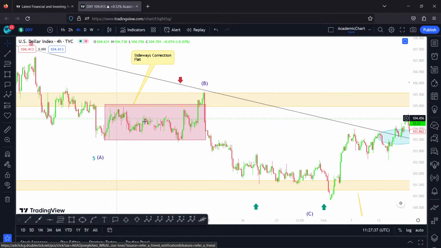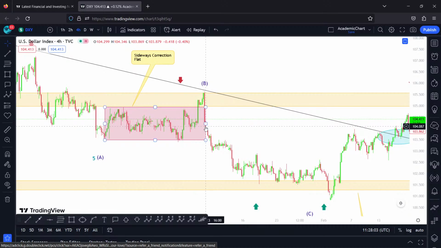These sideways also take longer than zigzag, and they are not so sharp coming back. But you can see we had some sort of fake out. If I just show this top side of this red rectangle, if I just count it as a resistance zone, the price reacted to this one step, two step, three times, and you can see it was some sort of a fake out and return back.